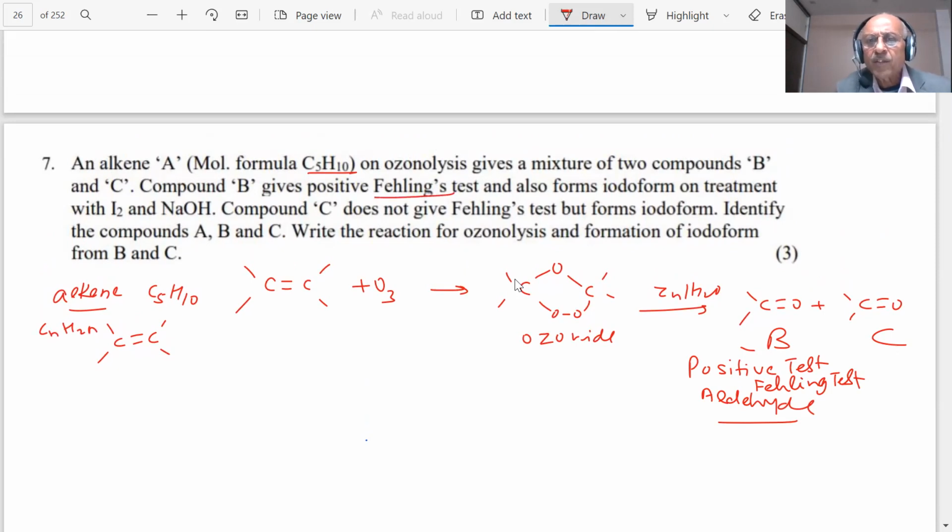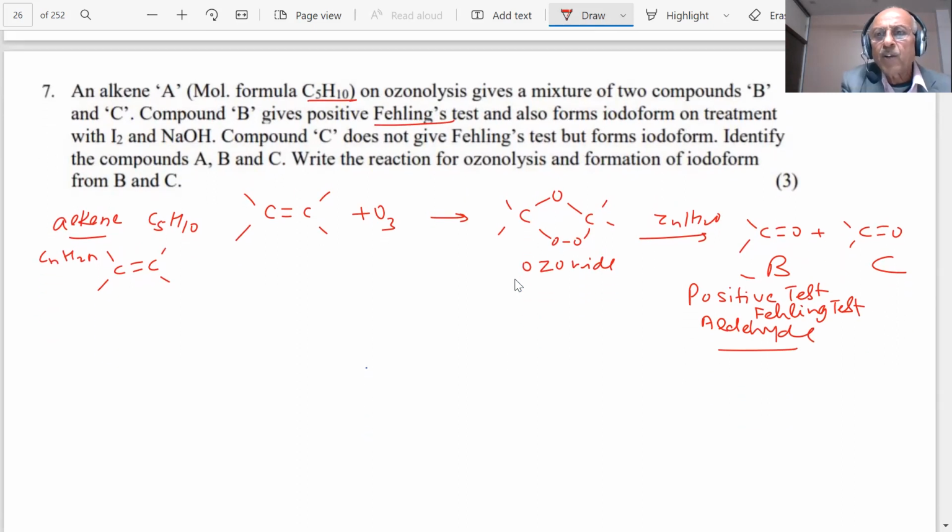Now, what do you mean by this? It is very clear when something is giving the iodoform test, students. If I say it is giving the iodoform test, then what does it mean? The iodoform test will be given by, it is an aldehyde, and iodoform means there should be an alpha methyl.